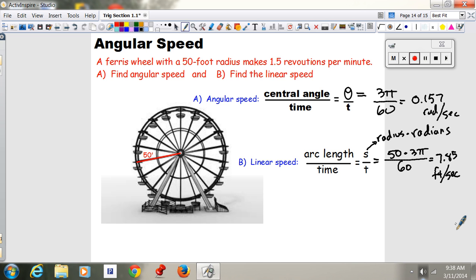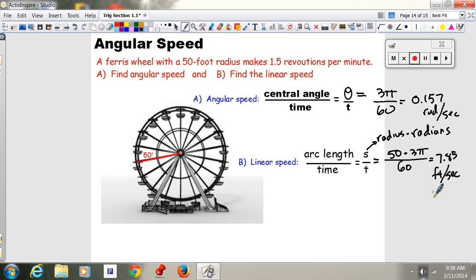7.85, that's almost 8 feet. So if I look at the squares on the floor, I go 8 of those in a second's time, which would take me about a second. So is it going very fast? Not that fast. I could probably walk or kind of run that fast, right? It's not going super fast because it's a Ferris wheel and they're not going to go really fast.